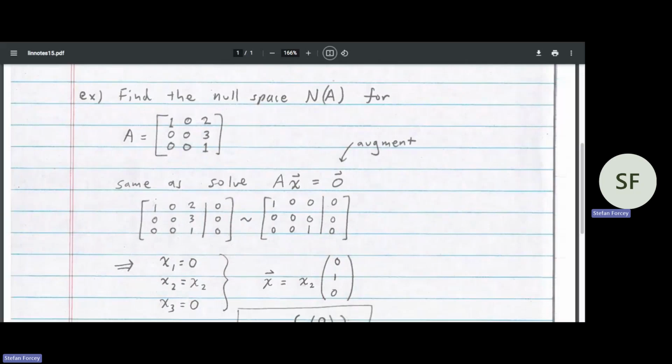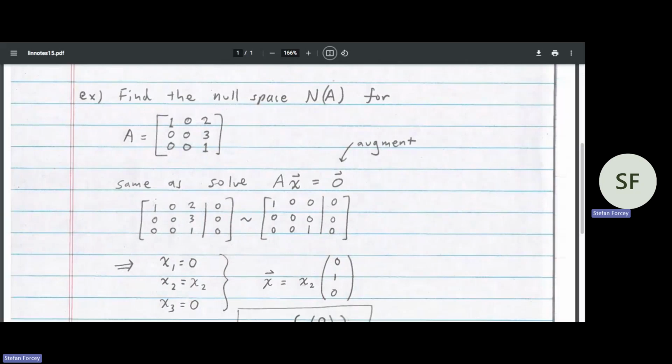It's almost there already. All I did to finish it was to take row 2 and subtract 3 of row 3, and then row 1 and subtract 2 of row 3, and I get it into this form.